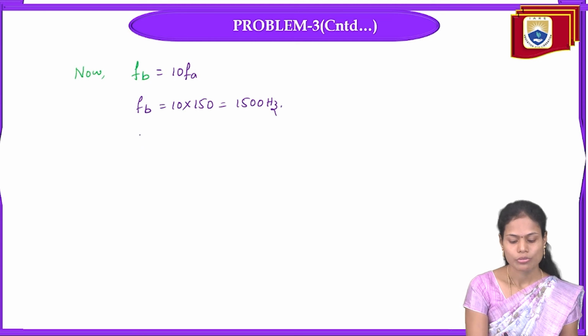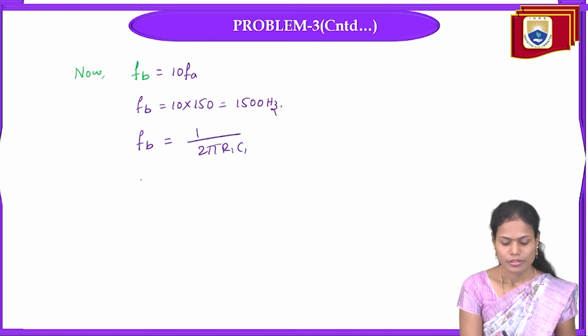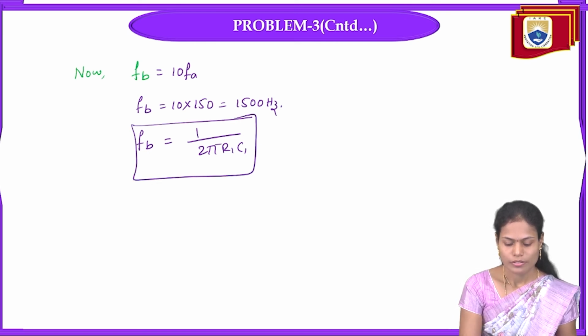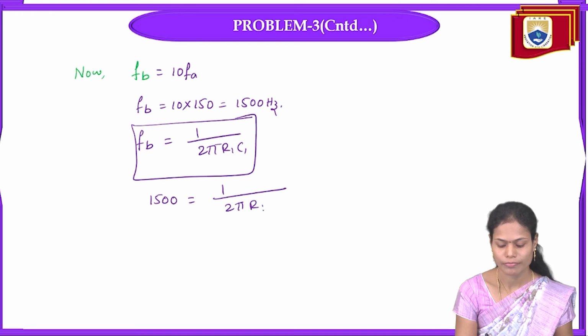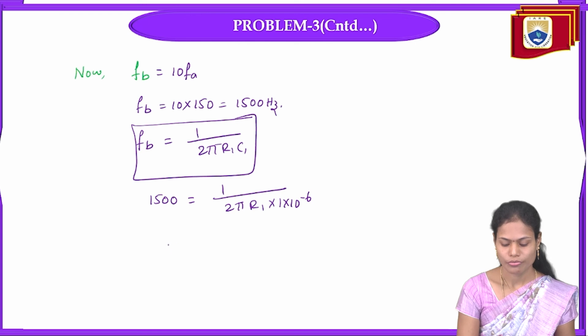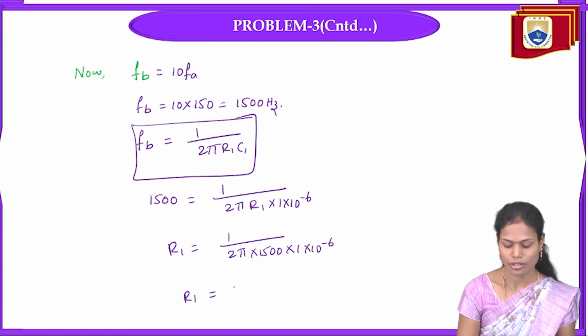So the formula for FB is 1 by 2 pi R1 C1. Here FB value is 1500, R1 value we don't know, and C1 value we considered as 1 microfarad. From this I can write R1 as 1 by 2 pi into 1500 into 1 into 10 power minus 6. After simplification, R1 value is 106.1 ohms here.